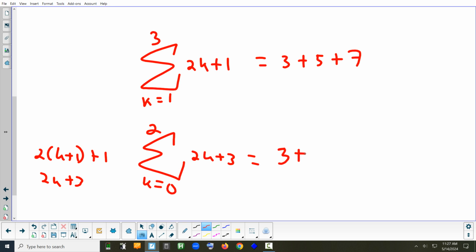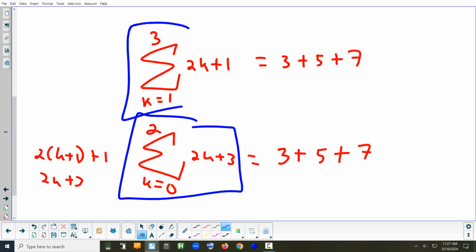3. Next number is 1. What do you get when you plug in 1? 5. Next number and last number is 2. What do you get when you plug in 2? 7. So what does that mean about this and this? They're the same thing. It's two different ways of writing exactly the same thing. What this is called is re-indexing.